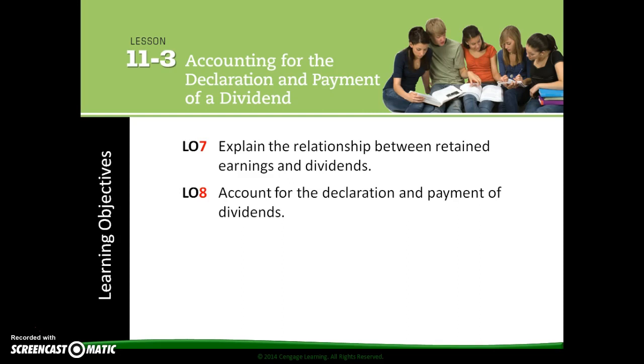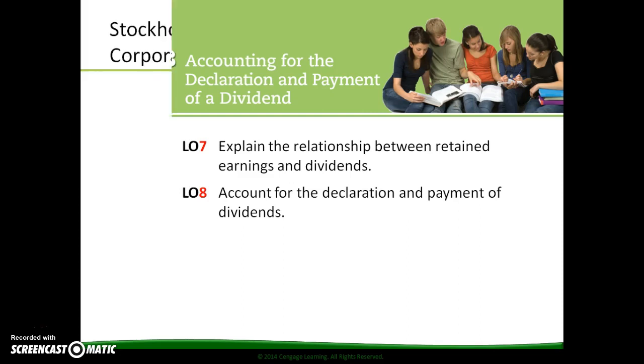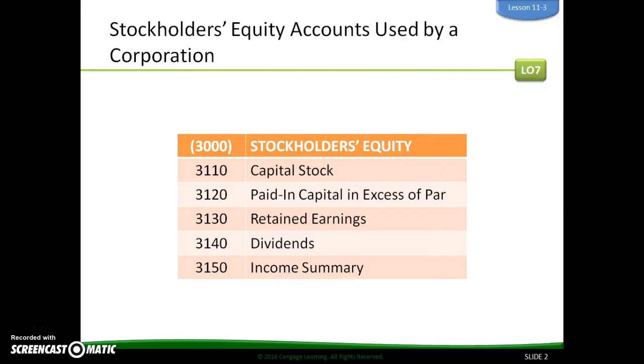So the corporation does not have a drawing account for each owner, each shareholder. Instead, what you see for accounts would be a capital stock account, retained earnings, dividends, and then your income. So these are the stockholder equity accounts that would be used by a corporation.